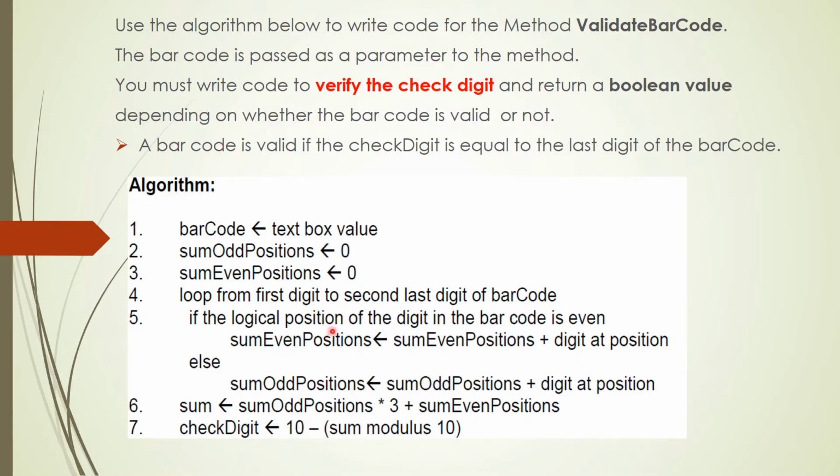If the logical position of the digit in the barcode is even, then you will sum up: SumEvenPositions is assigned SumEvenPositions plus the digit at that position.